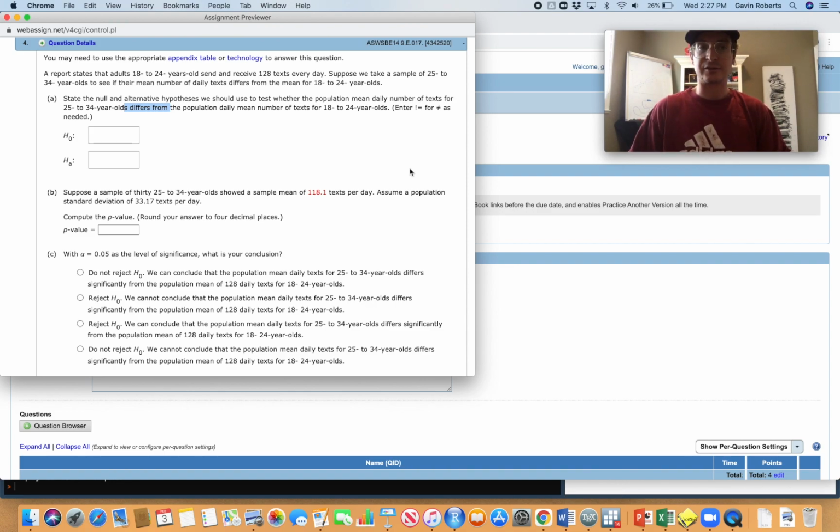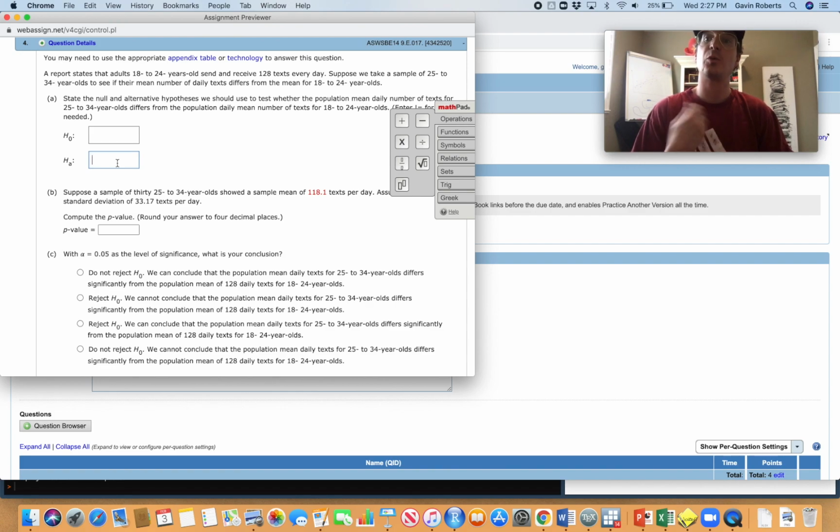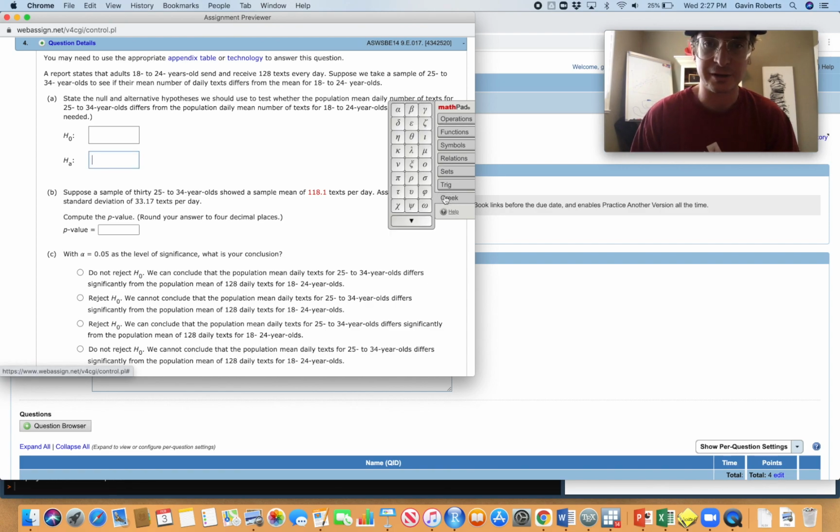I always like to start with the alternative hypothesis. The alternative hypothesis will be true if the answer to the research question is yes. So they will differ. That would mean that mu, so it gives us this little math thing to use. We have to go find mu.